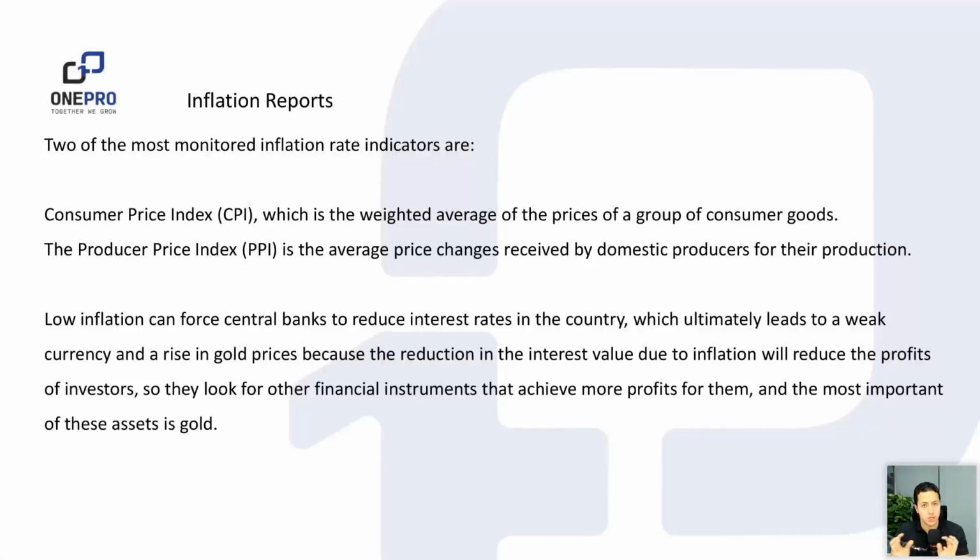However, I'm just explaining the broad fact that by measuring how much the consumer pays or how much the producer pays, we can know the inflation in the economy, and thus we can decide on interest rates suitable to keep this inflation at our target of 2%. This affects the US dollar value and hence affects the gold price.